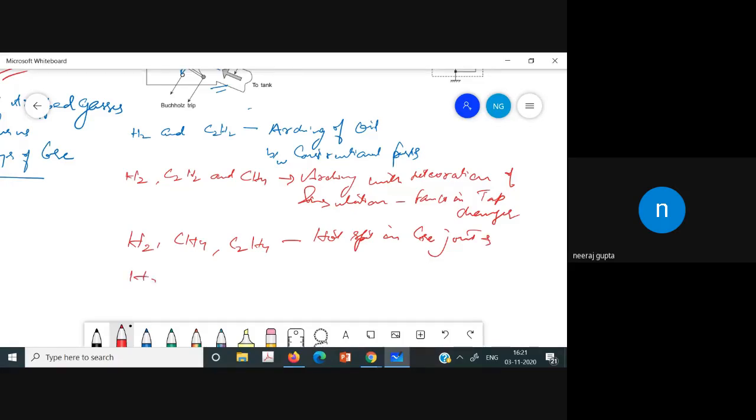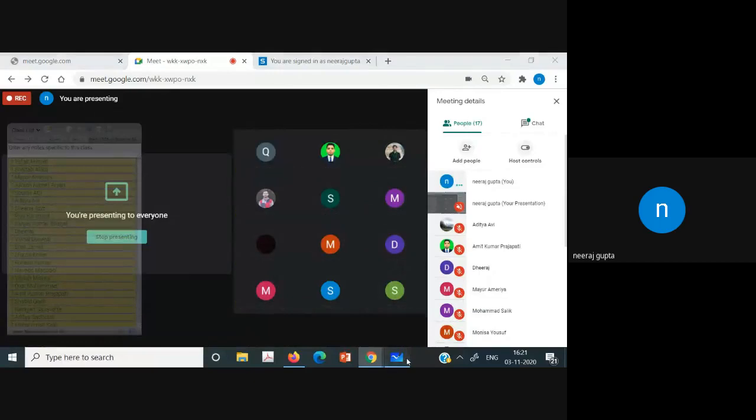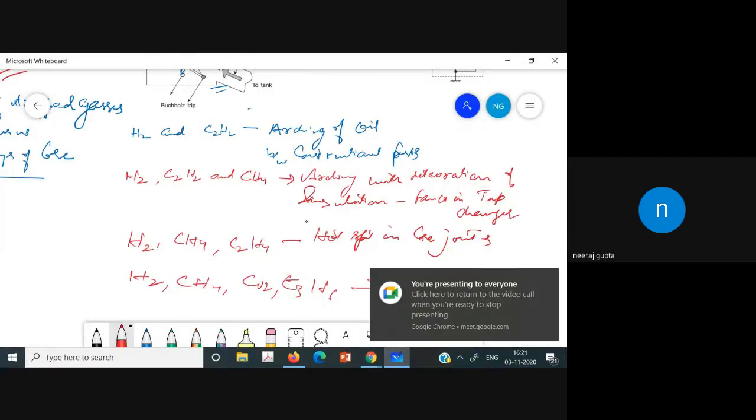And if the gases are of yet another type, then the hot spot is in the winding. So what we do is analyze these gases and see what type of fault is there in the system.